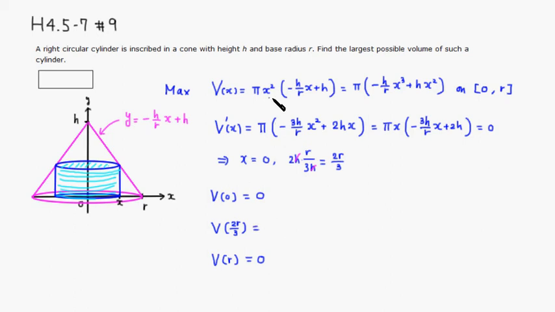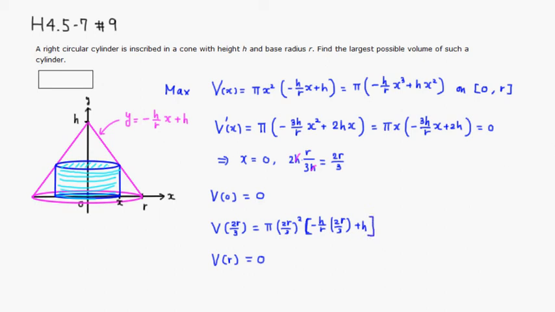All right, so just plug it in. This is going to be pi times x squared, so you have 2r over 3 squared, times negative h over r times 2r over 3 plus h.